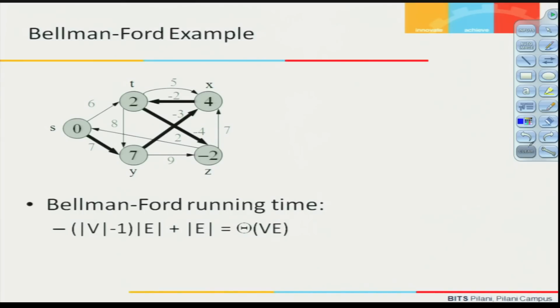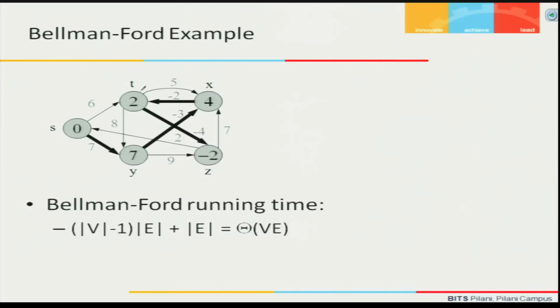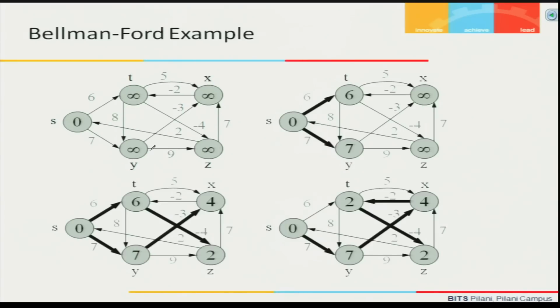Now, we look at this vertex and try to find the edges going out of it. Only this one is left. If you look at the earlier estimate, for this it was 2.